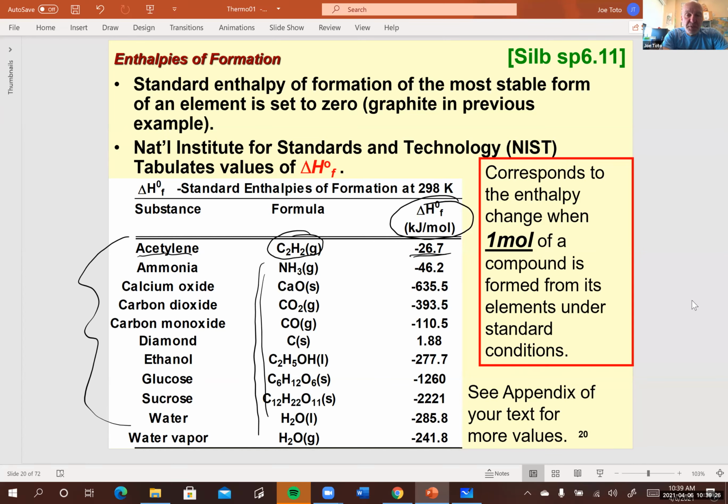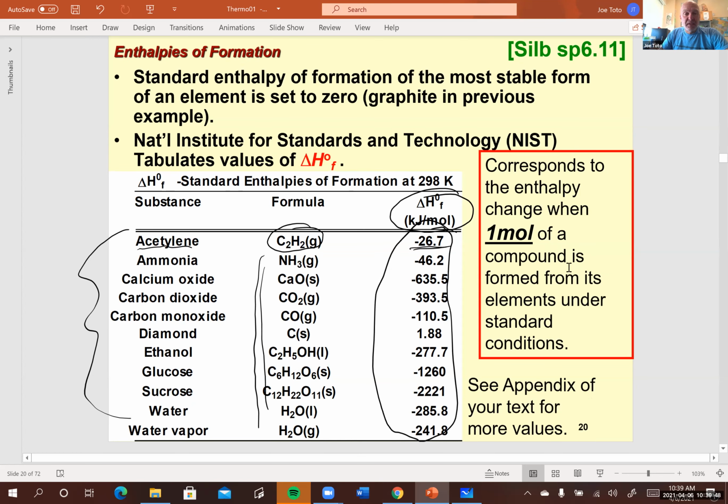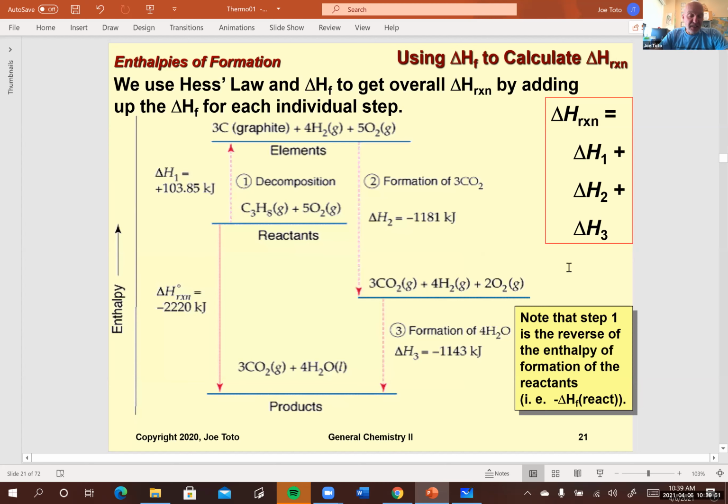So now once you have these delta H of formations, you can use those in conjunction with Hess's law to calculate the delta H of reaction of any reaction that involves these molecules. Okay, so let's see. Here's a nice picture that attempts to explain what's going on here.